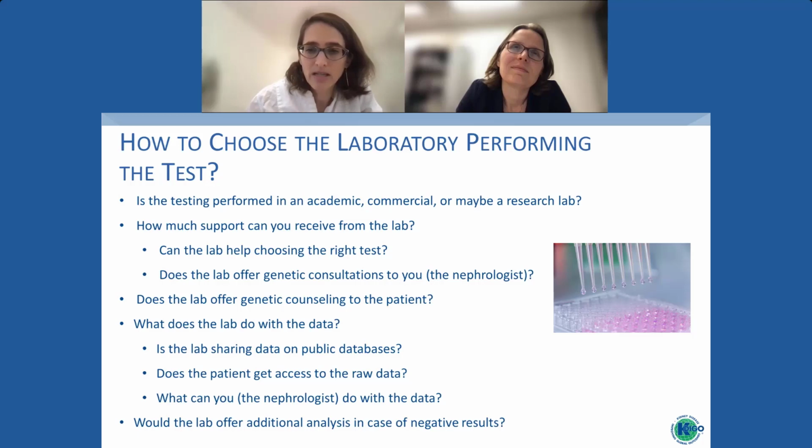So it's also something to take into consideration. And finally, for positive cases, some labs offer free cascade testing for family members, while others don't. So these are things to take into account when choosing a laboratory.